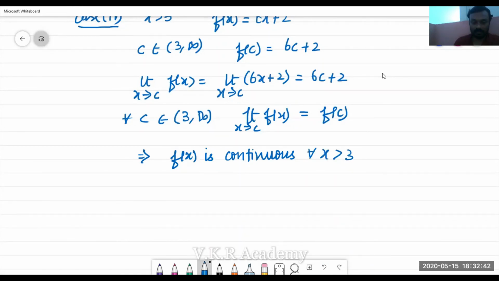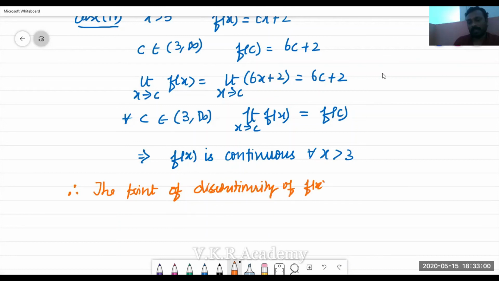Therefore, the point of discontinuity of f of x is x is equal to 3.